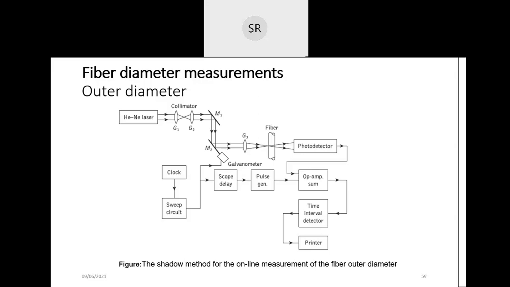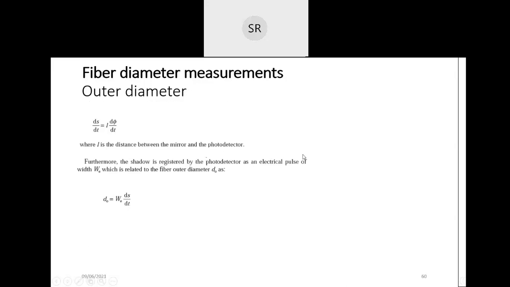At the photo detector, the light arrives with the velocity of the mirror, d phi by dt, and according to that we measure the diameter. ds by dt is the velocity of the fiber shadow, and d phi by dt is the mirror velocity, and L is the distance of the fiber.